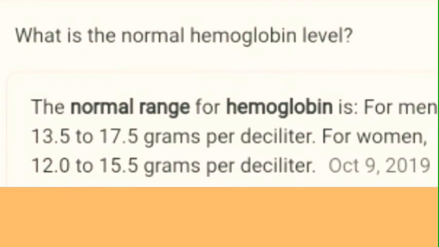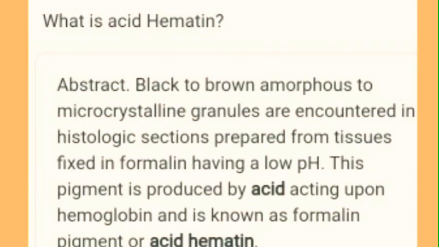What is the normal hemoglobin level? The normal range of hemoglobin for men is 13.5 to 17.5 grams per deciliter, and for women 12 to 15.5 grams per deciliter. What is acid hematine?